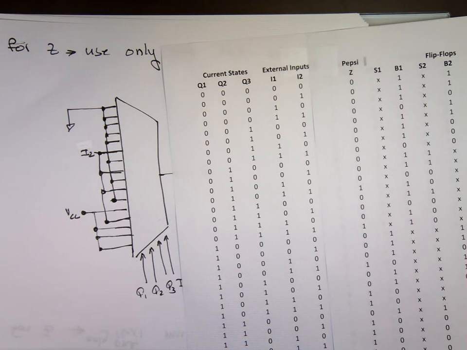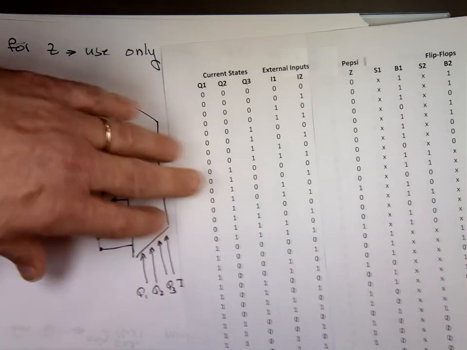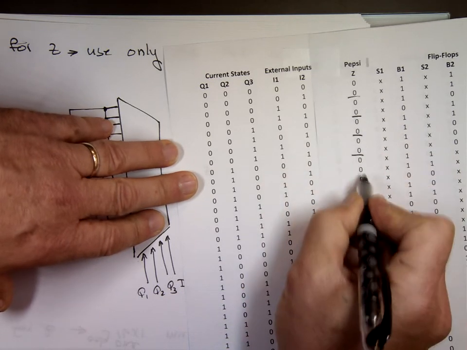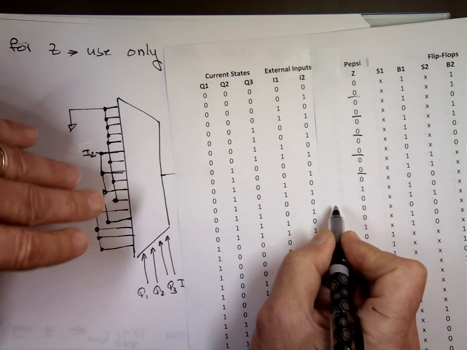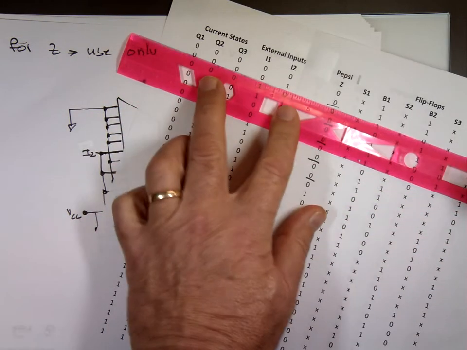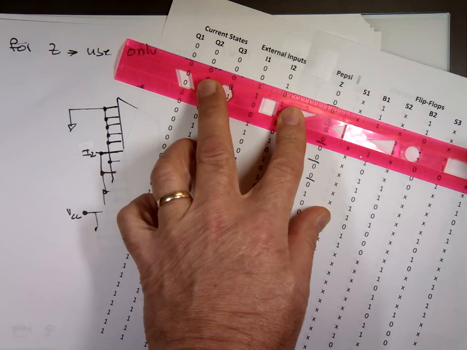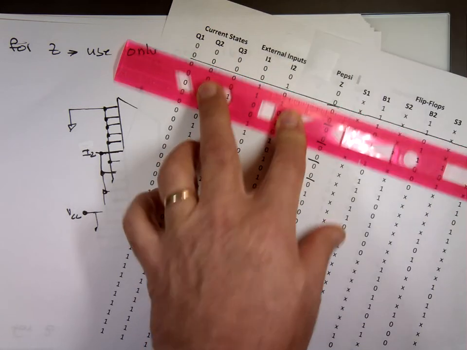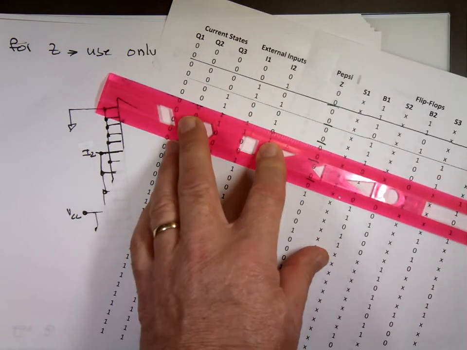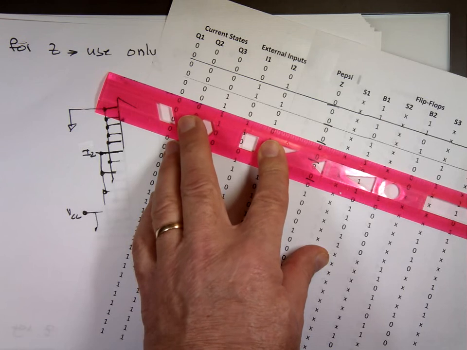Here we go. We go 0, 0, 0, 0, 0. I couldn't tell you what they line up with. Definitely need a ruler for these. Like this. You look at them that way. You get the idea, I think.